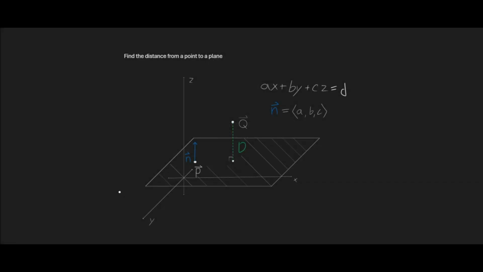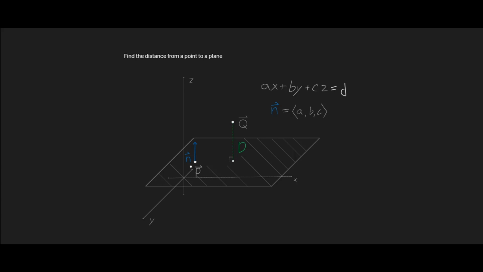Okay, so this problem asks us to find the distance from a point in 3D to a plane. Remember that the equation for a plane is a times x plus b times y plus c times z equals d, where a, b, and c are the components of the normal vector.